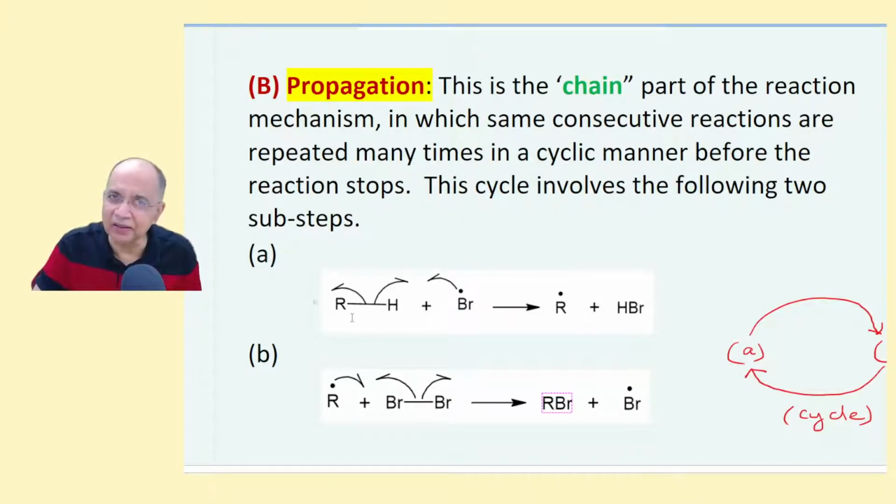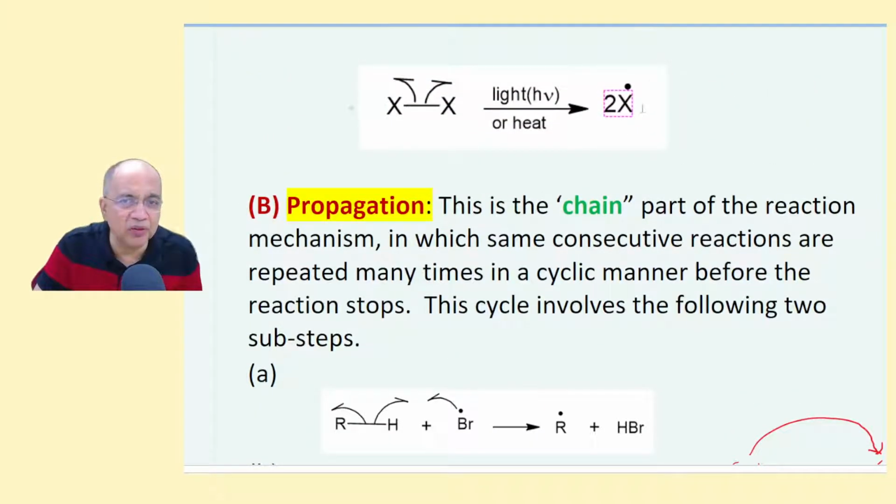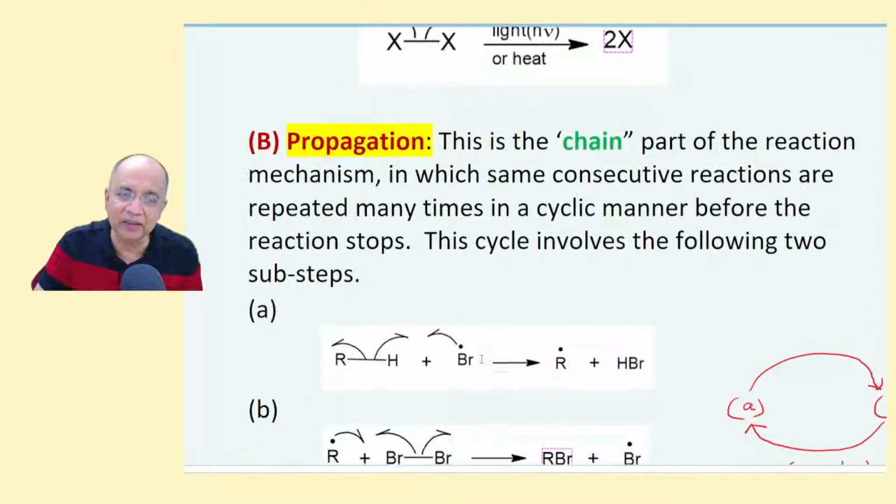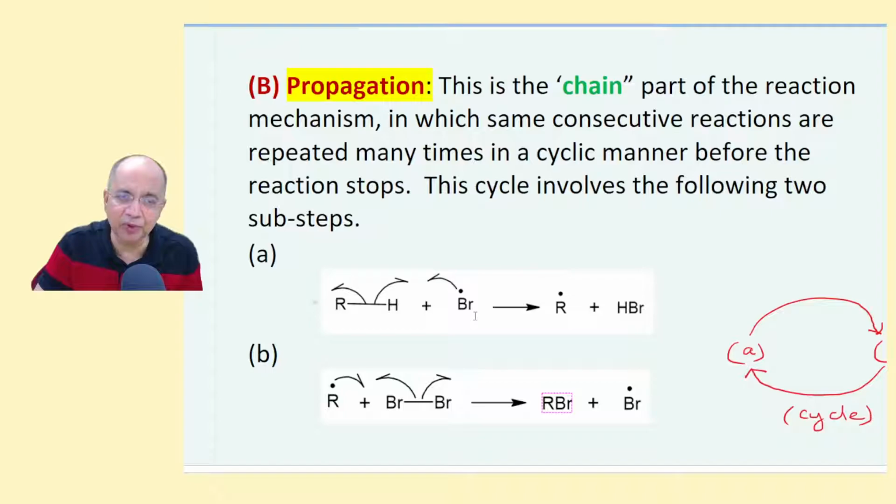Alkane, any alkane represented by RH, now reacts with this halogen. For example, this is a bromine free radical, bromine atom. I have taken bromine as an example, with any alkane. Now this C-H bond breaks homolytically. Bromine joins with the hydrogen atom to form HBr, and one unpaired electron comes here to produce an alkyl free radical, carbon free radical.